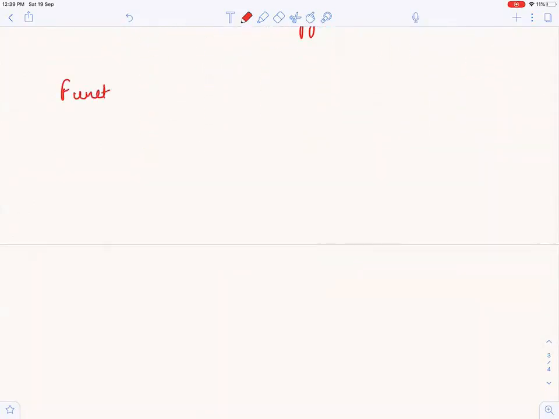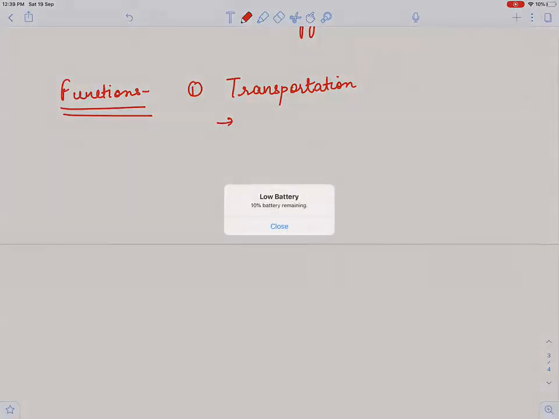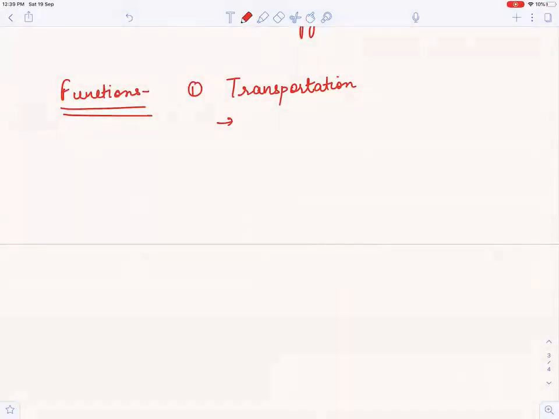Now what are the functions? Can you tell me the functions of blood? Doing it since, I don't know, class 7th, 8th. The first is what? Transportation. Obviously it is a liquid connective tissue. It is flowing everywhere. So it is acting like a transportation mechanism, right? So it is transporting what? It is transporting oxygen.